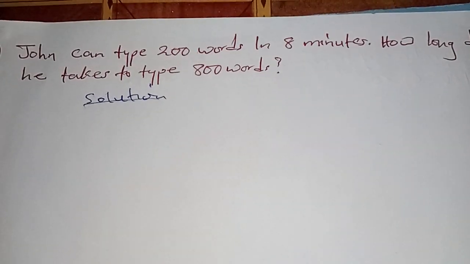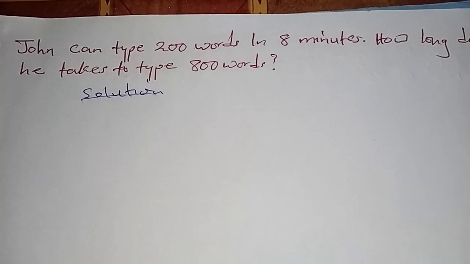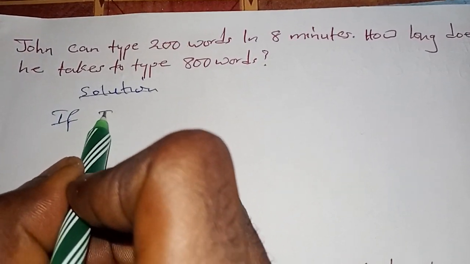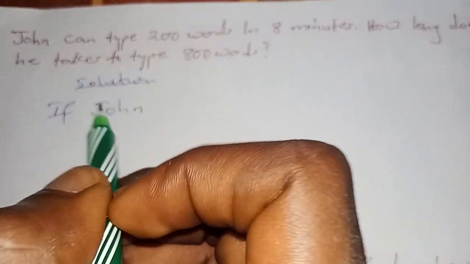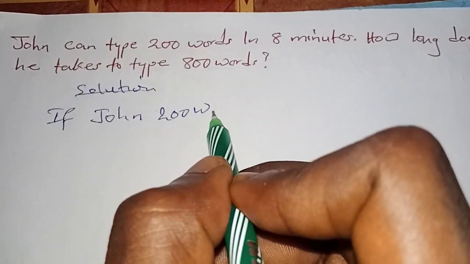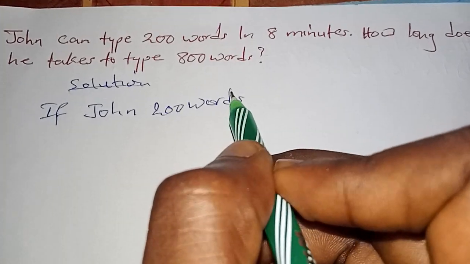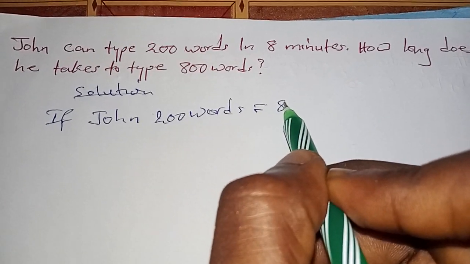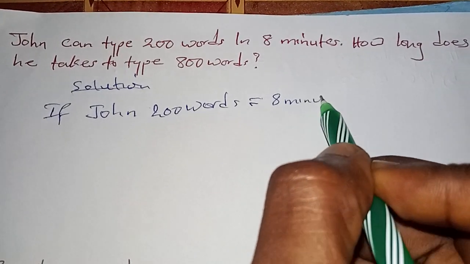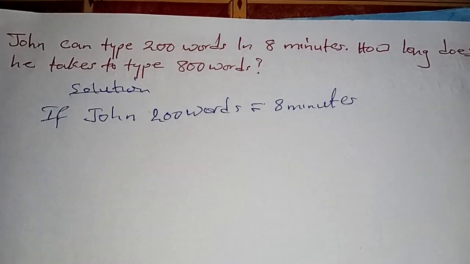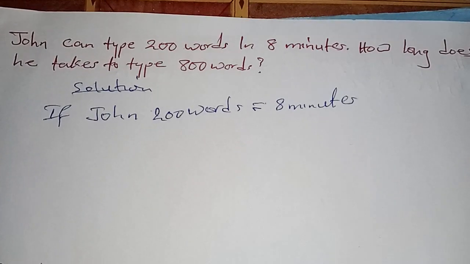You're saying that John can type 200 words, and he can type in how many minutes? 8 minutes. Now, to solve this problem, it's very simple.